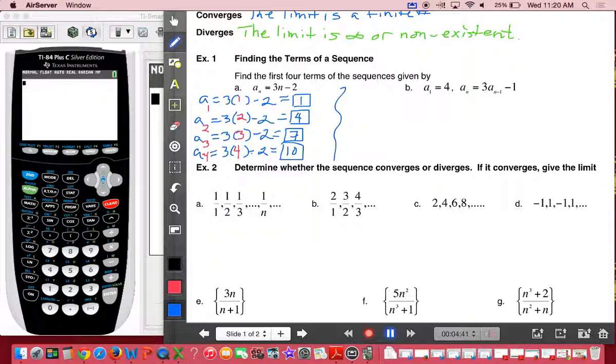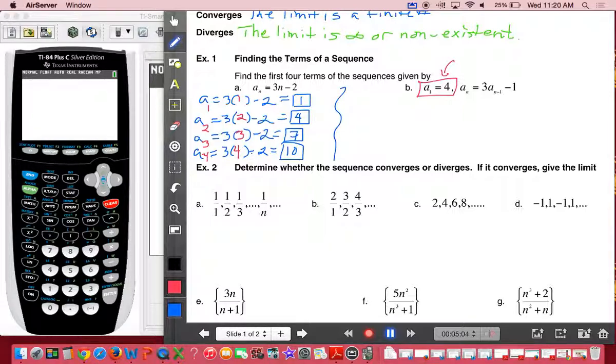And then for the second problem, what have they given you here? A sub 1, which is basically 4. What's a sub 1 represent? It represents the first term. Thank you, that's what I was looking for, the first term.